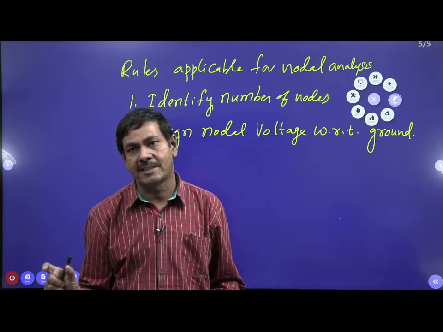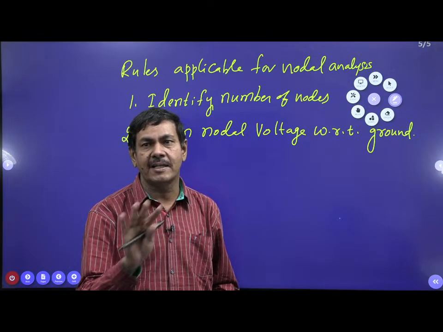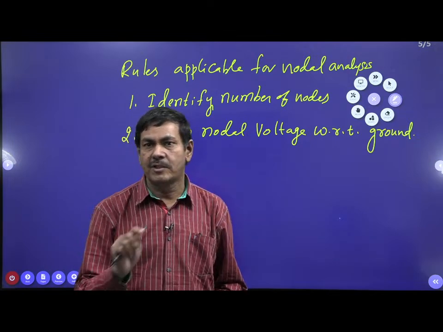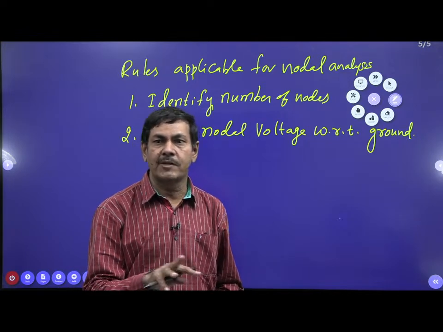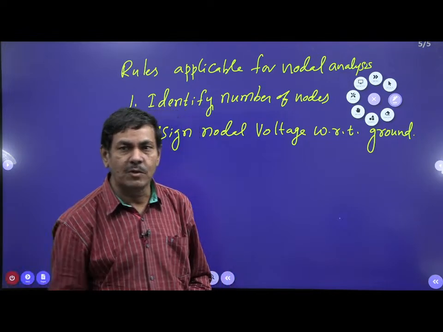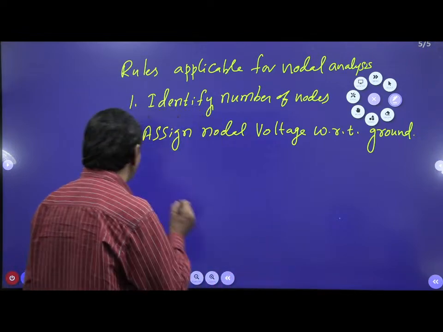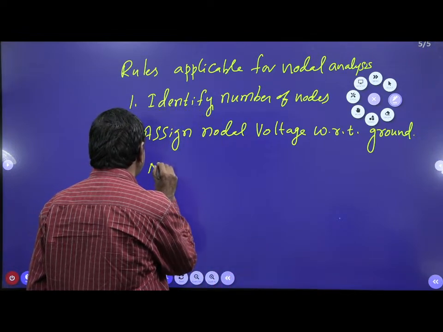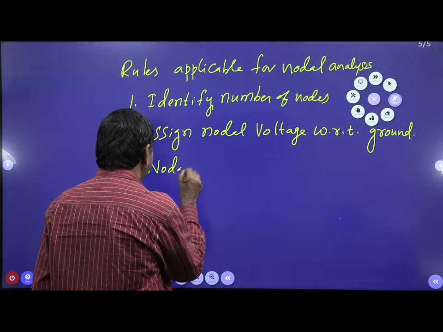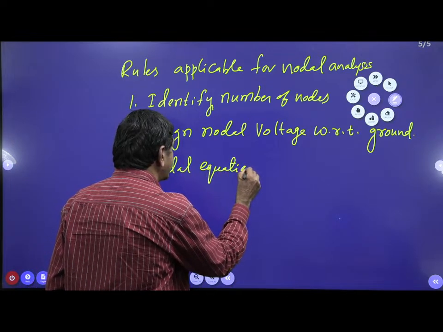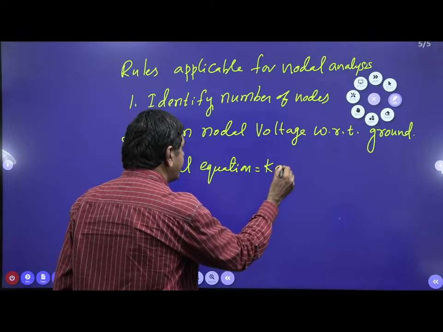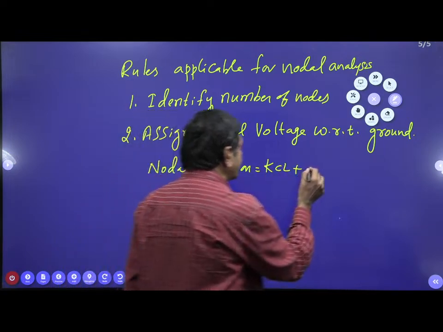You have to put the current directions through the branches. Second, you must apply Ohm's law. Whenever you apply these two, you will get the nodal equation. So the nodal equation is nothing but KCL plus Ohm's law.